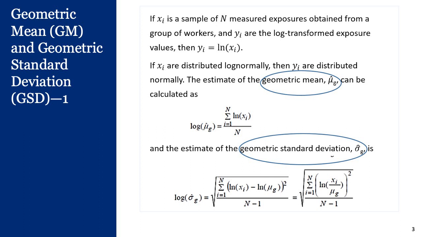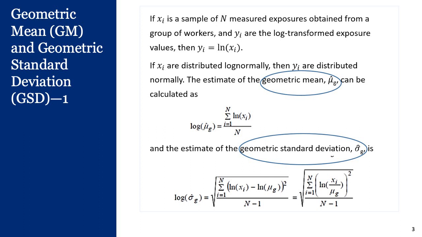One interesting thing about the log transformed standard deviation is that you can use the law of subtraction of logarithms. Each of these terms, log of x_i minus log of mu g, can be expressed as log of x_i divided by mu g. That's one of the laws of logarithms. So what you end up with is, in fact, a ratio of two concentrations, where x_i is a measured concentration and mu g is the geometric mean concentration.